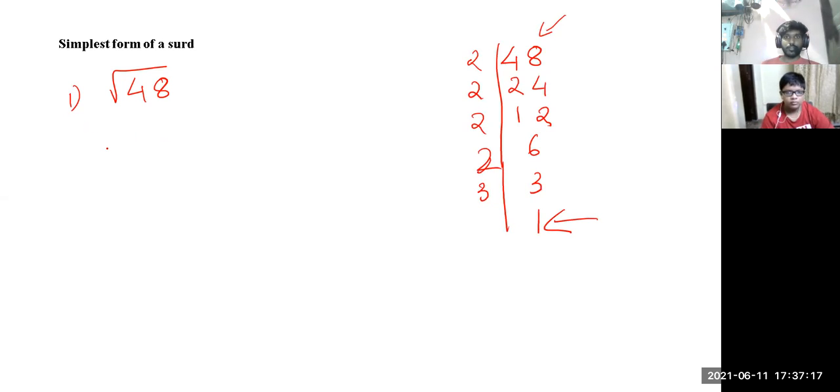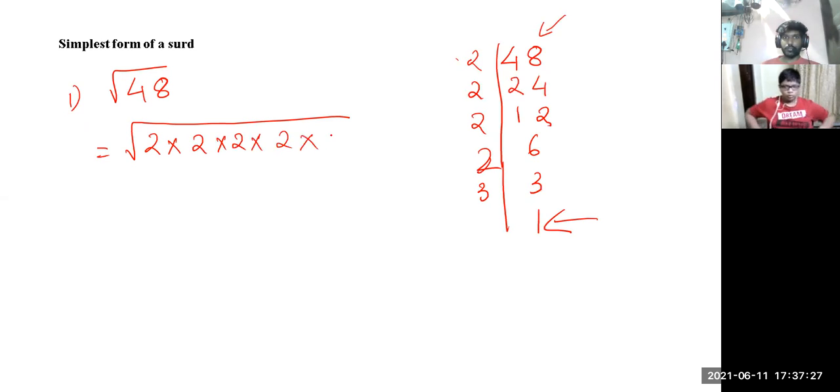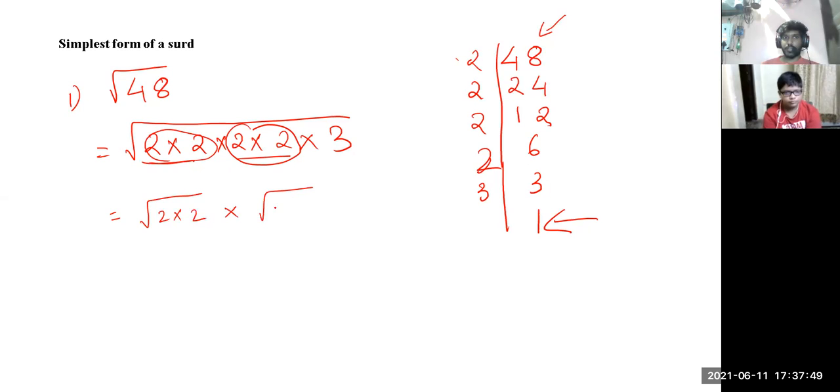Now you write all of these prime factors inside the root. So 2 into 2 into 2 into 2 into 3. Correct? Now you pair it. So this became one pair, this became one pair. Whenever you have got a pair, you separate the roots in the pairs. So this is 2 into 2, then the second pair 2 into 2, and 3 single. That also you write, give it a root separately.